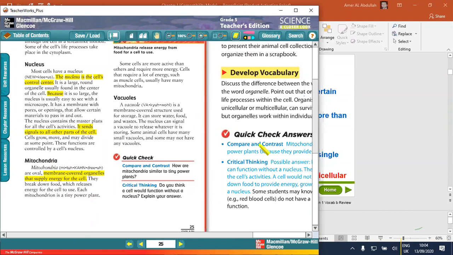The main job of mitochondria is to supply energy for the cell. How? They break down food.